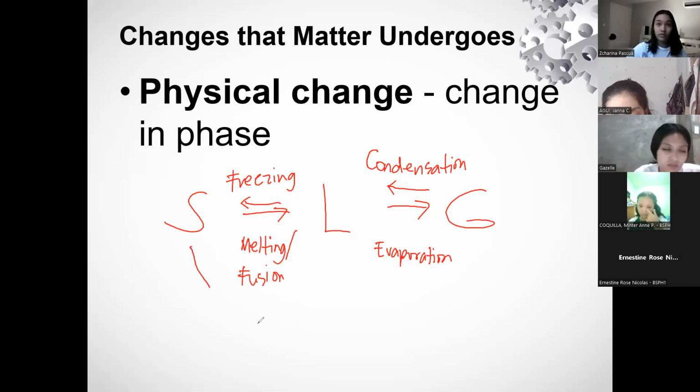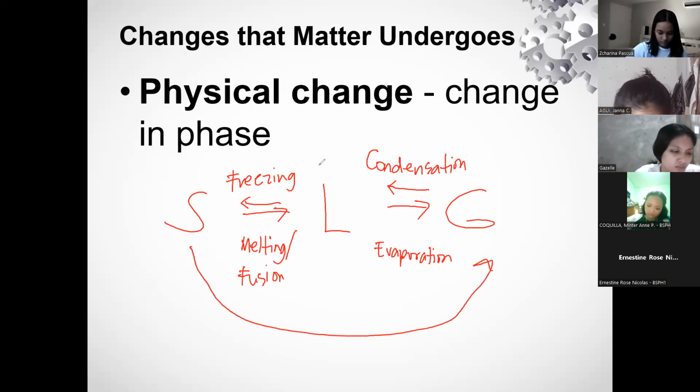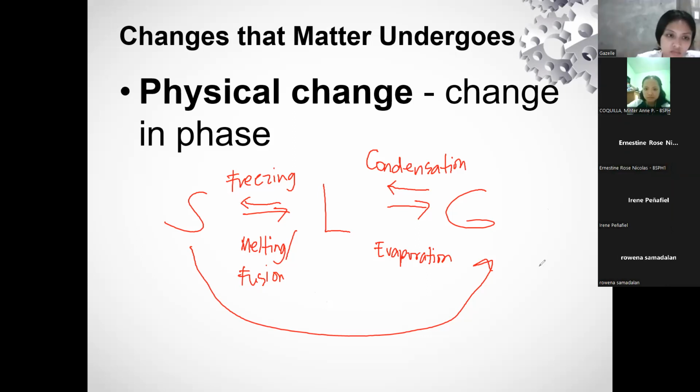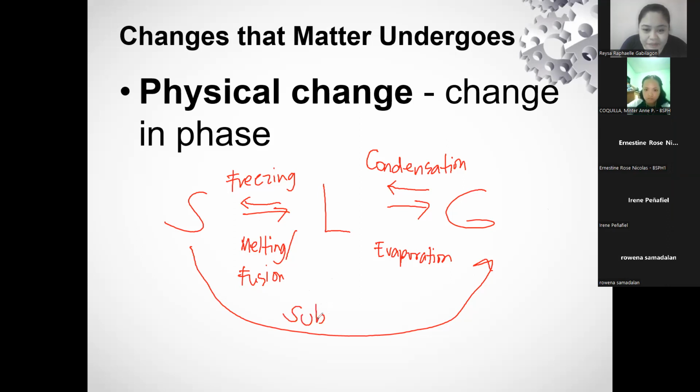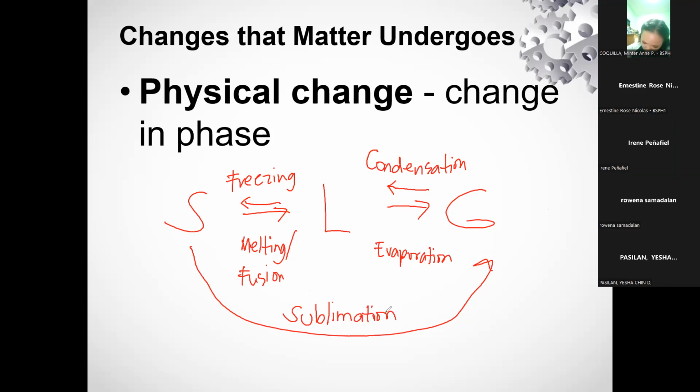Paano kung solid diretso sa gas without undergoing the liquid phase anymore? From solid to gas. Sublimation. Okay, very good. Sublimation. Kagaya ng nangyari sa naphthalene balls.